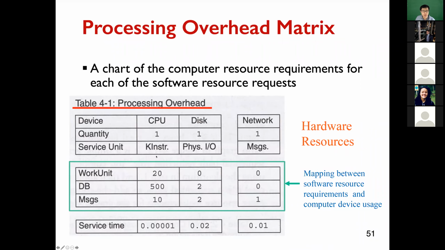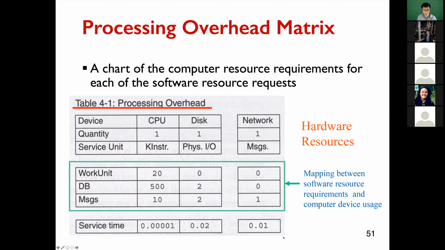For example, doing 1K instructions on the CPU costs 0.01 millisecond. Doing one physical IO on disk takes 0.02, and sending one message on the network takes 0.01. So we do this mapping.